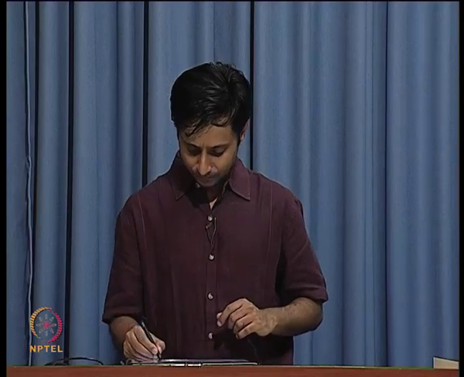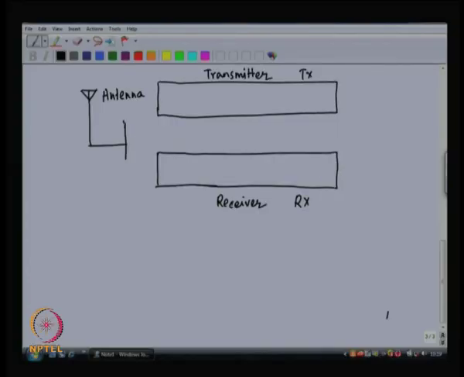How is it possible? How can both the transmitter and the receiver use the same antenna? Now, for this there is something, it is like a switch, it is called a duplexer. Now, this switch separates the transmit path from the receive path. So, this is commonly used. Unfortunately, this is also not going to be part of our course.